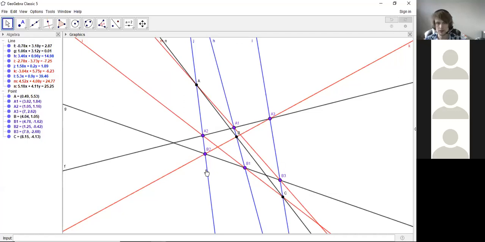So the product of the blue lines is a cubic curve, and the product of the red lines is a cubic curve.